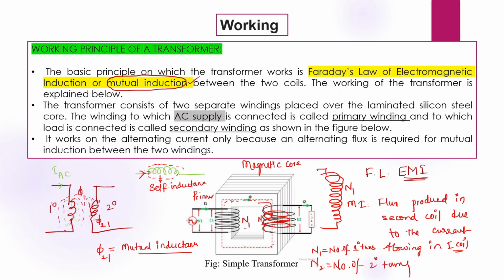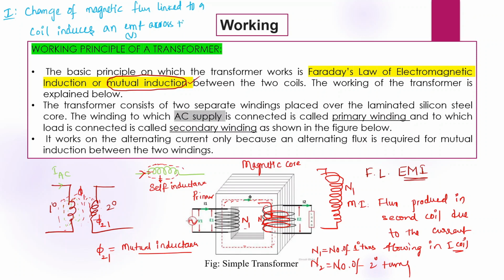Let me write it somewhere. I'm taking the blue pen here. So I'm writing Faraday's first law: change of magnetic flux linked to a coil induces an EMF across the coil. EMF is nothing but voltage, right?